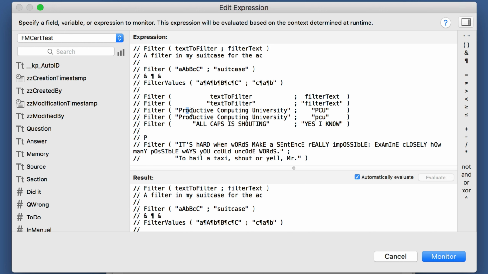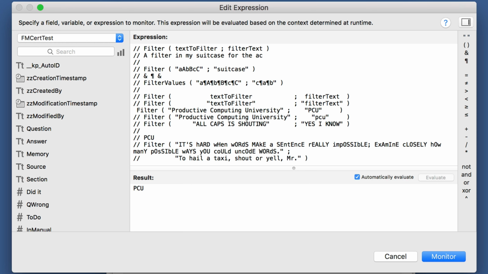Lowercase o, lowercase d, so on. The next one is capital C. So that is going to show up. And we keep looking through the letters, and the next one to show up is going to be the capital U. So this should be our answer if we did everything correctly, and it is.